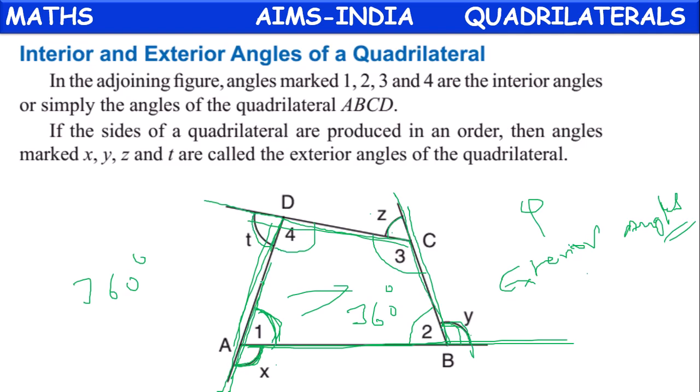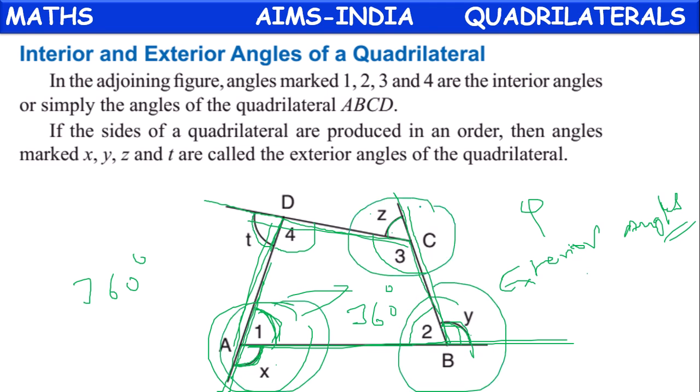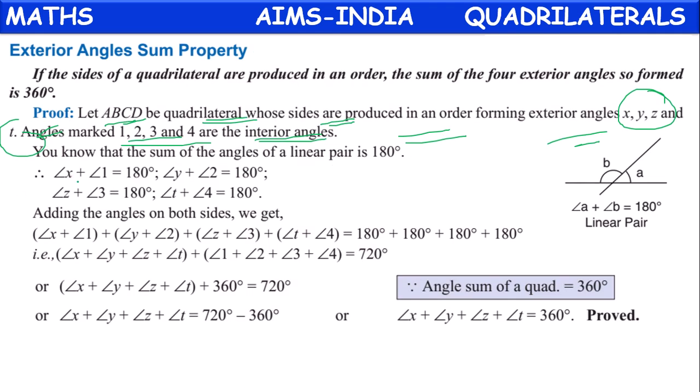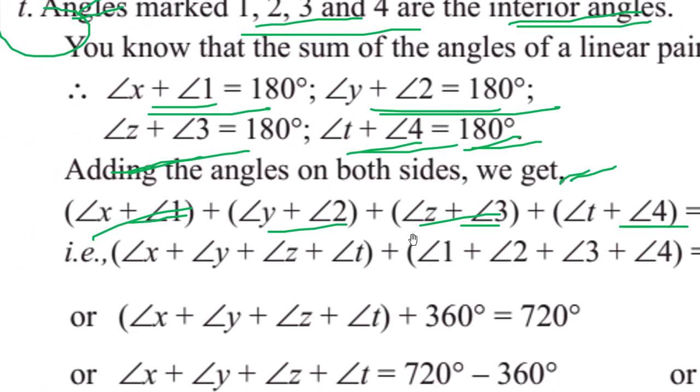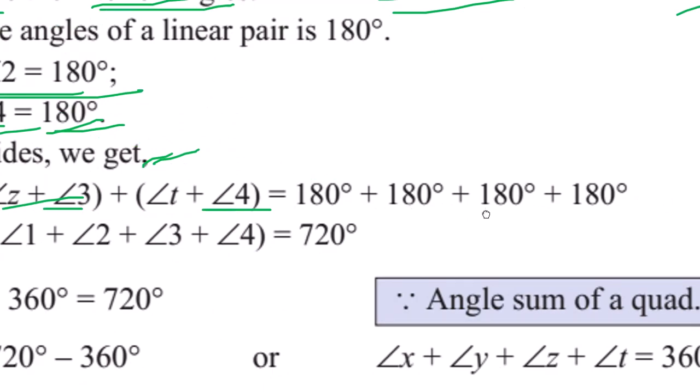These X, Y, Z, T are exterior angles. 1 and X form a linear pair. 2 and Y, Z and 3, T and 4 all form linear pairs. So 1 plus X is 180, Y plus 2 is 180, Z plus 3 is 180, T plus 4 is 180. Adding all the angles, what do we get, children? X plus 1 plus Y plus 2 plus Z plus 3 plus T plus 4 equals 180, 180, 180, 180, which is equal to 720.